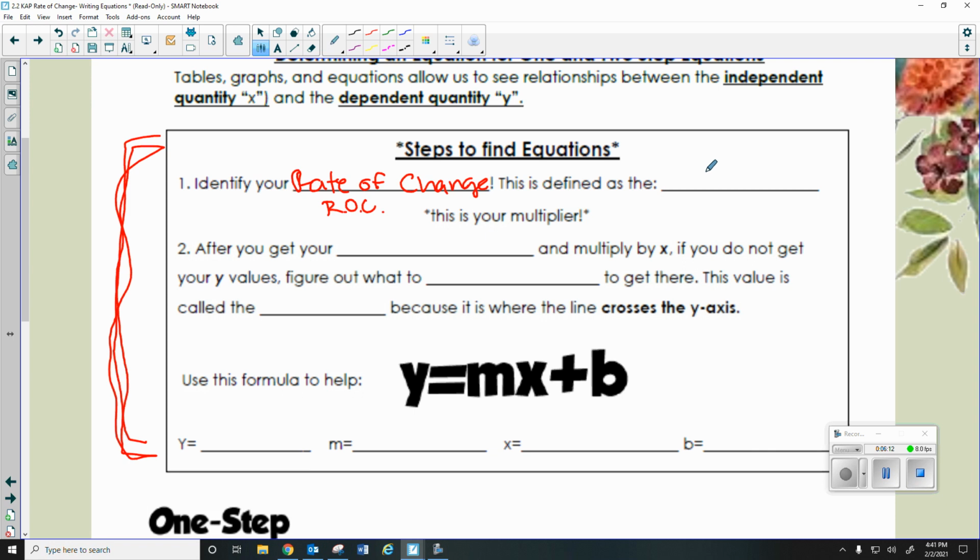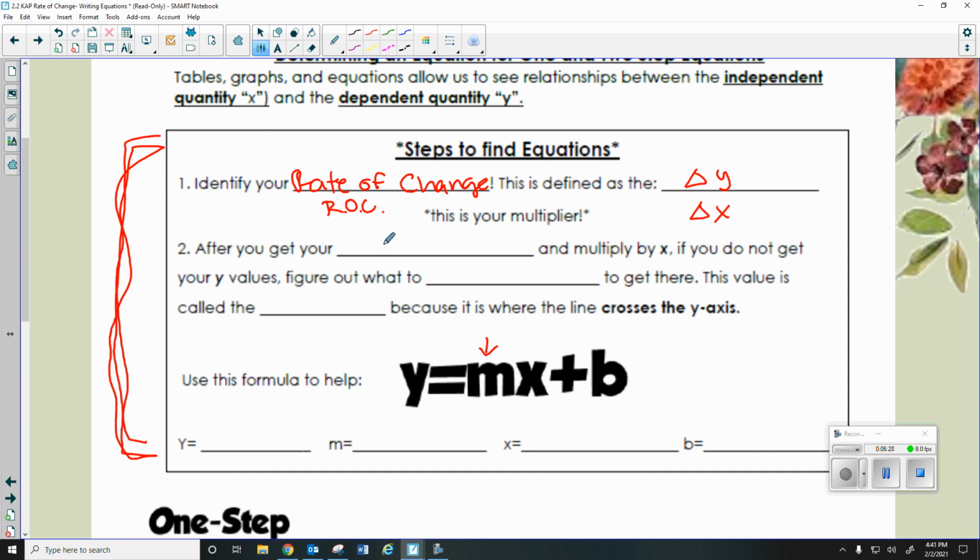Remember this, the way that we find this is we find the change in Y over the change in X. When I find that value, it is going to be my multiplier. In this equation from yesterday, M, the multiplier, that's my rate of change.